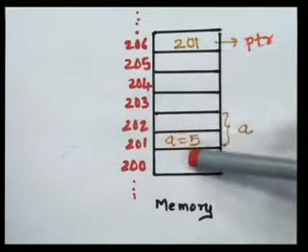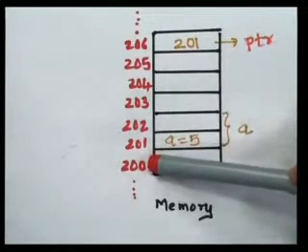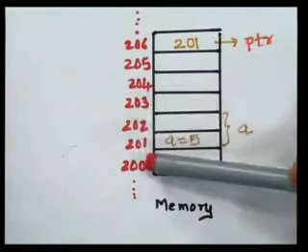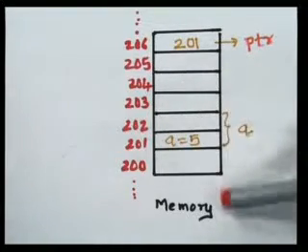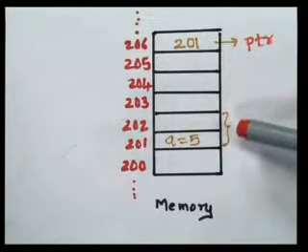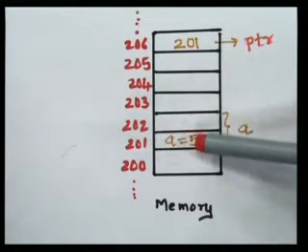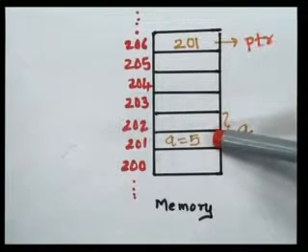Each memory block I can consider as a memory cell, having a memory address. These 200, 201 are the memory addresses. If I declare any variable in my program, it will be allocated memory as per the requirement of the data type.